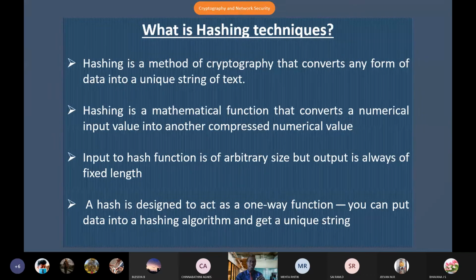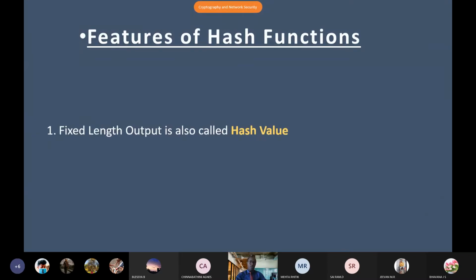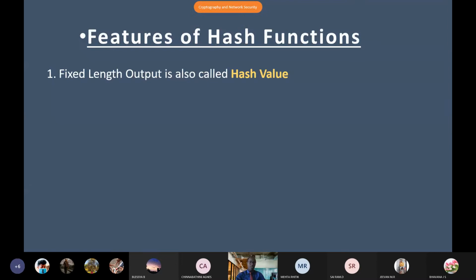And we have seen some features. The output should be a fixed length, meaning it should be a constant. It may be decided to be 32 bits, 128, 256 or 512.